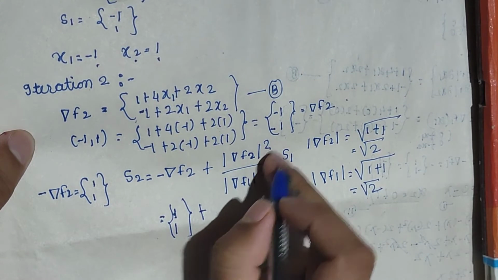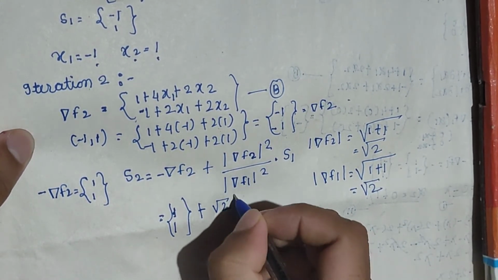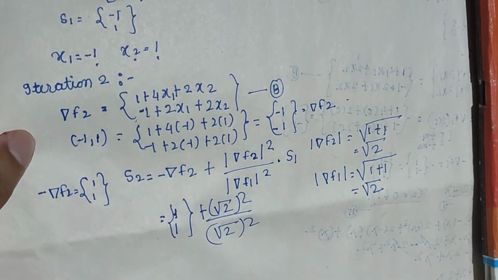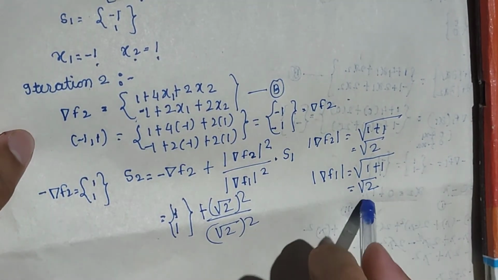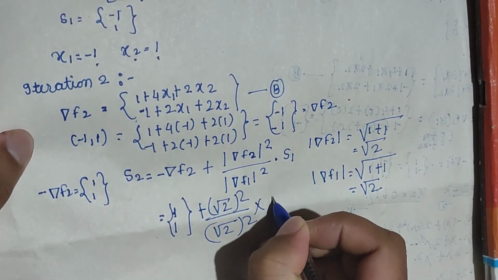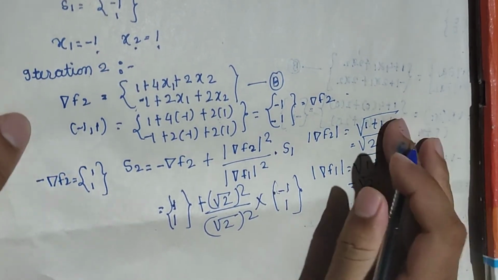The determinant of del f2 is the square root of 2 squared, and the determinant of the del f operator is also the square root of 2 squared, into s1, that is minus 1 and plus 1.